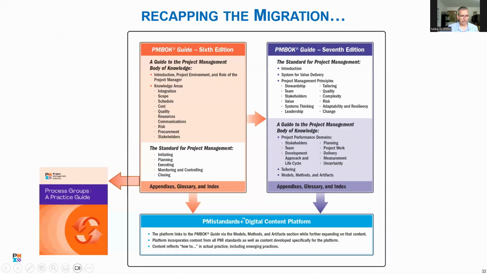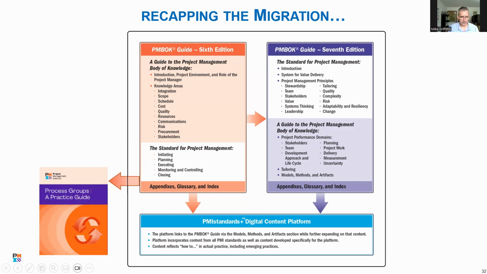So just to summarize that migration, a lot of it went into Standards Plus. The new 7th edition is a lot smaller. We've got new principles that are aligned much better with Agile content, but still work for traditional. And there's also the Process Groups practice guide, if you just want to see the old 6th edition content published as a standalone, on how to do more traditional project management activities.